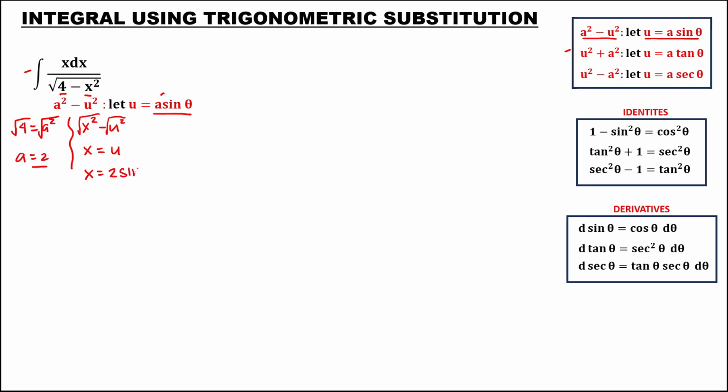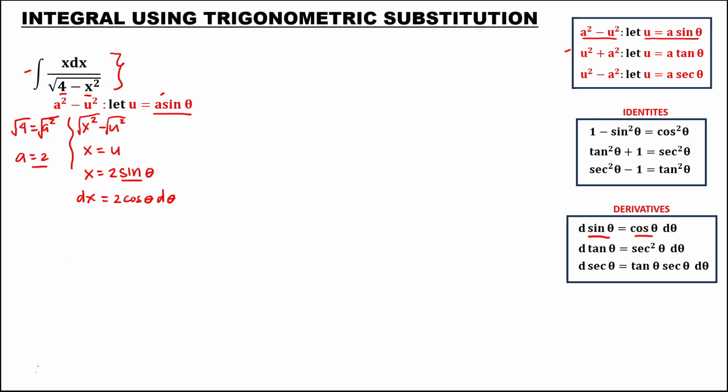Then since we let u equals a sine theta, we have x equals a, and a is equal to 2, then sine theta. Then find the derivative, so dx equals, bring down the constant, and the derivative of sine theta is cosine theta. So we have 2 cosine theta d theta. Then apply now the trigonometric substitution.